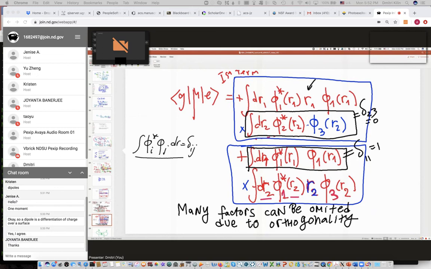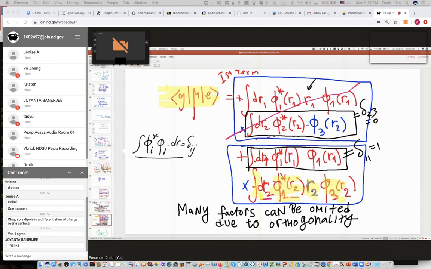So with this derivation, we prove that the matrix element of the transition from ground to excited orbital is equivalent to the matrix element of the position operator in terms of one electron molecular orbitals.